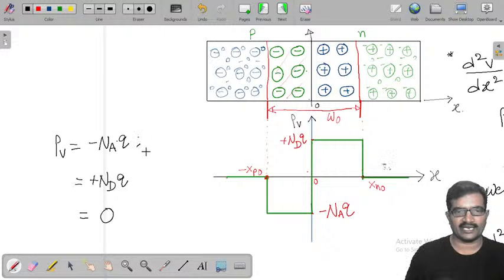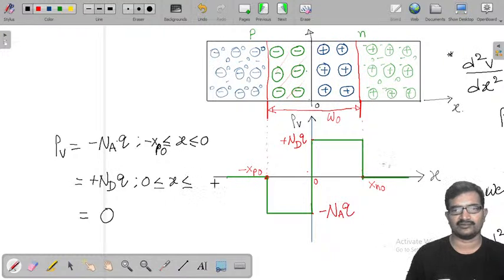It gives minus Na into Q for x value greater than or equal to minus xp naught and less than or equal to 0. From minus xp naught to 0 its value is minus Na into Q, and similarly here x is greater than or equal to 0 and less than or equal to xn naught.